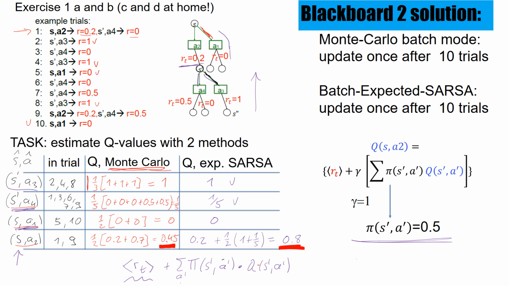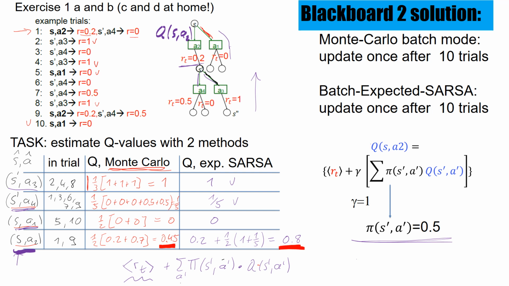So I compare now 0.8 with 0.45, and we see that this 0.8 as a Q value for this state, Q of S A2, that's the state we are calculating here, is a reasonable average.